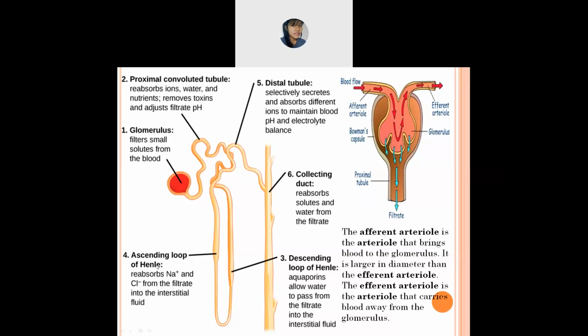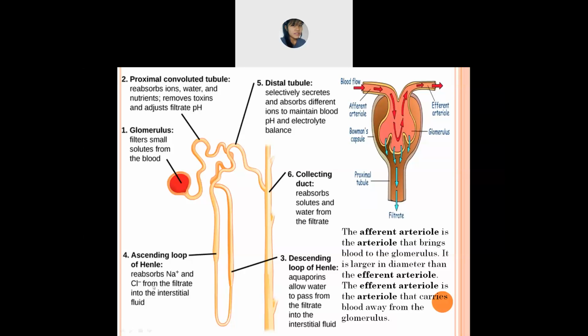Did you understand? In the ascending loop of Henle, what will happen? As it is deeper, on the downside of the medulla, you will find that it's salty, and they will have some special ions that will pump out, that ion is sodium chloride. And this sodium chloride, what will they do?